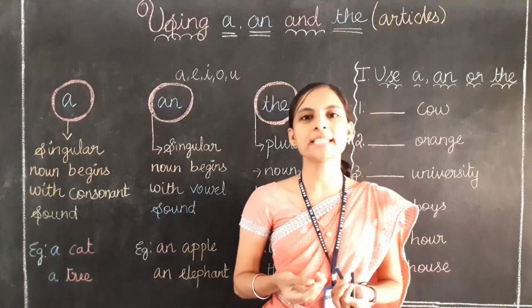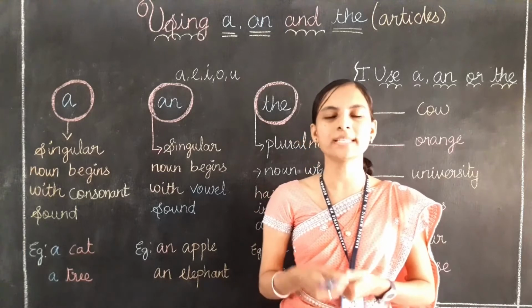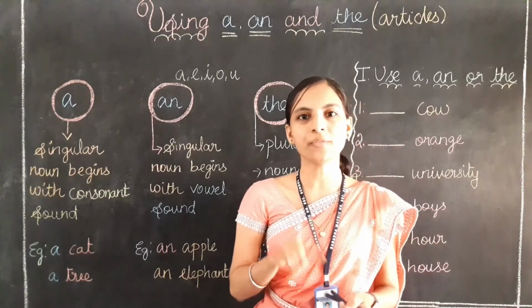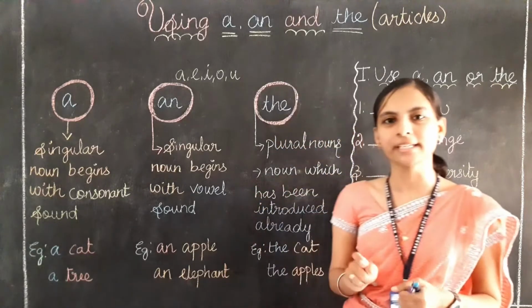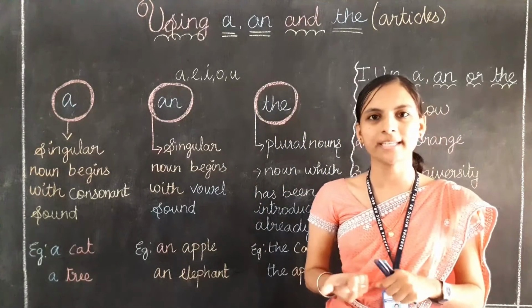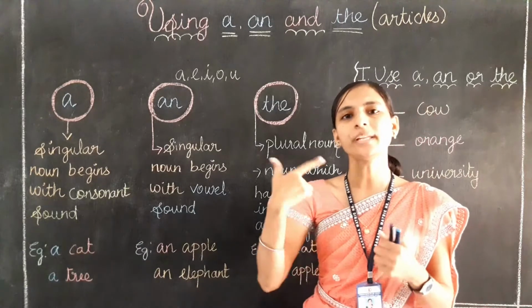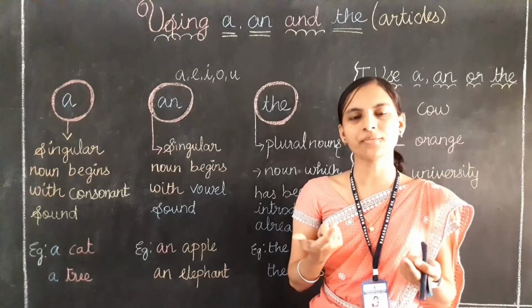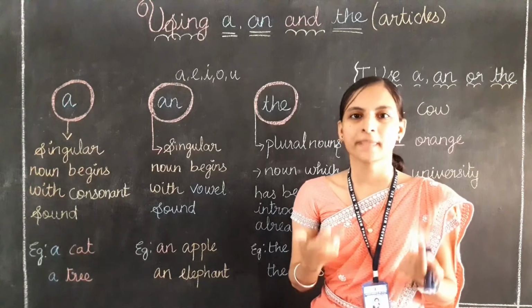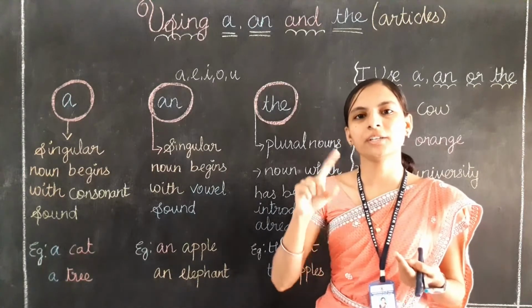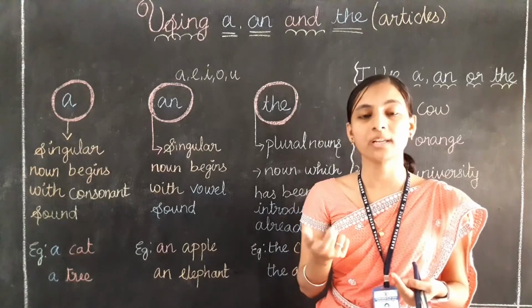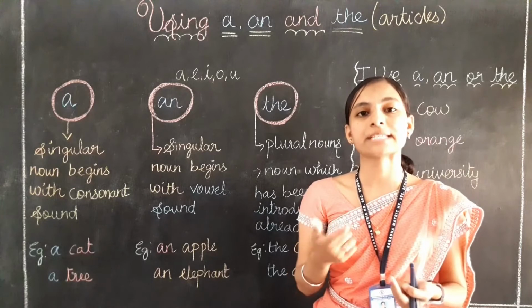Before going to my class, I am going to ask you how many alphabets are there in English. Yes, totally 26 alphabets are there. Among them, how many are consonants and how many are vowels? Can you guess and tell me? From our 26 alphabets, 5 letters are vowels.